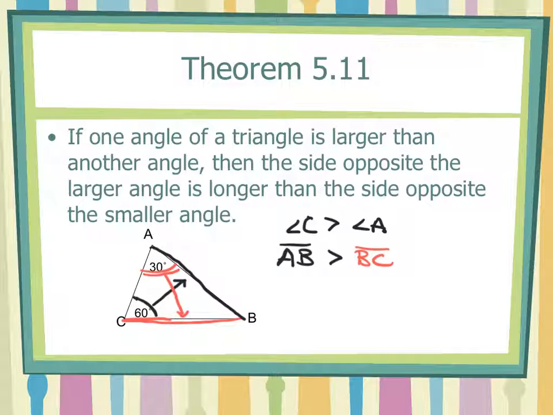So small angles have small sides across from them, large angles have large sides across from them. That's all this theorem says. And we saw that because the more I opened that angle up, the more the side across from it got bigger. The more that I shrunk that angle down, the side across from it got smaller.